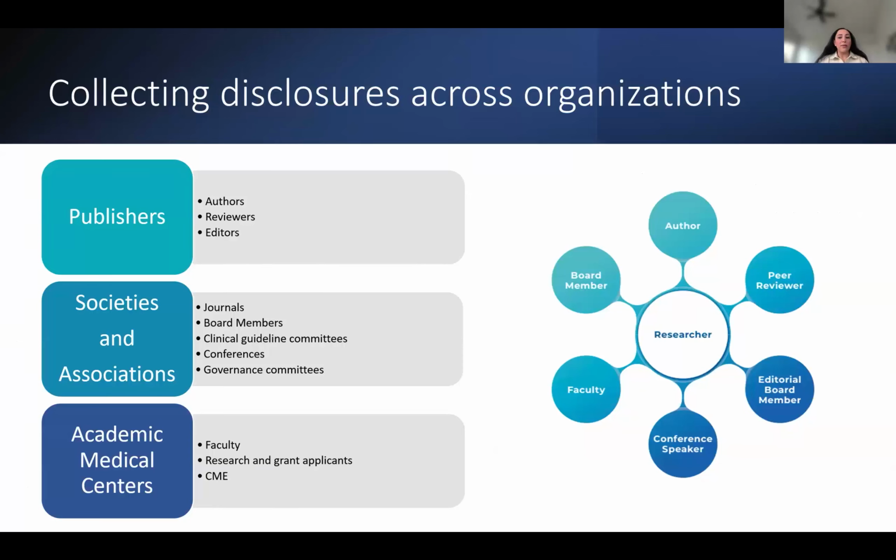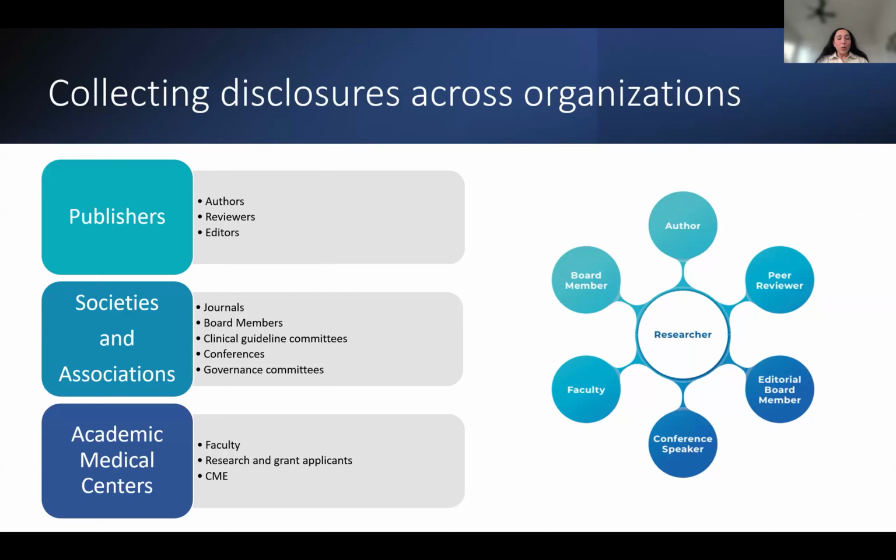So how does Convey help strengthen that trust in research? Convey is embedded in the scholarly and scientific workflow and used for many different types of what we refer to as disclosure events. For example, annual faculty review, article submissions, editorial board appointments, CME credits, which is continuing medical education credits at conferences, and even journal articles for some organizations.